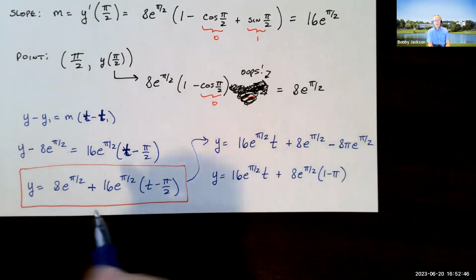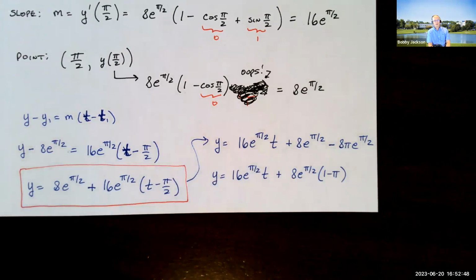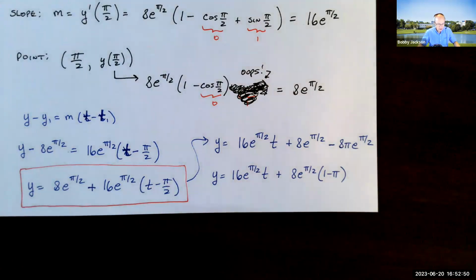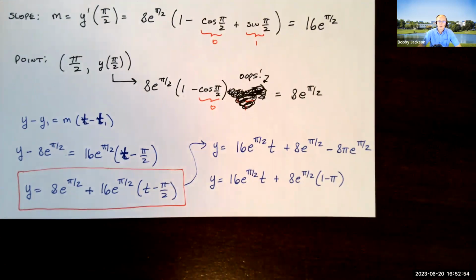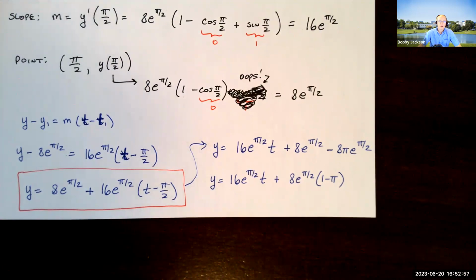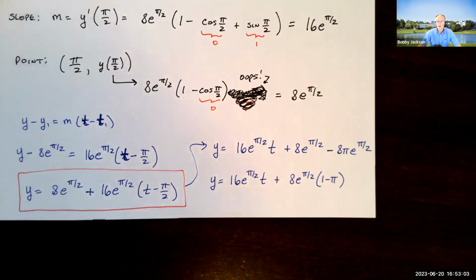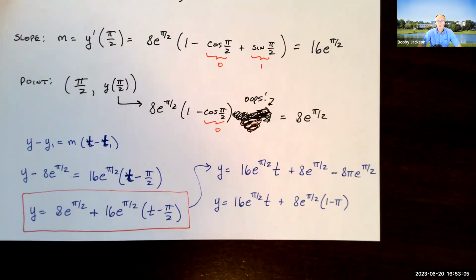I think this is fine for Achieve. It's just a little messy, no matter how you try to write it out, which is common when we find tangent lines for functions involving the trig functions. Okay, I hope this is helpful. Again, as always, if you have questions, please let me know.